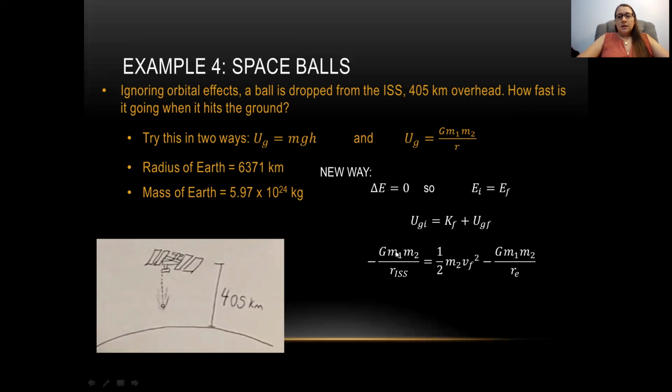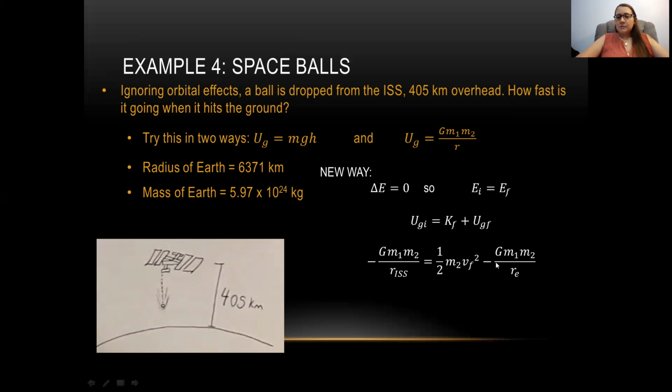Okay, so our potential energy initially is G m1, Earth, m2, the ball, divided by the radius to the International Space Station. The kinetic energy equation is the same as it was before, since we're just looking at the ball moving.